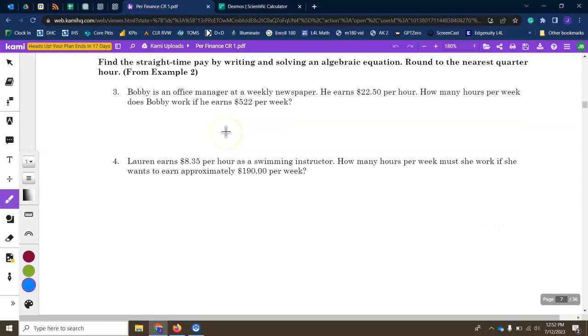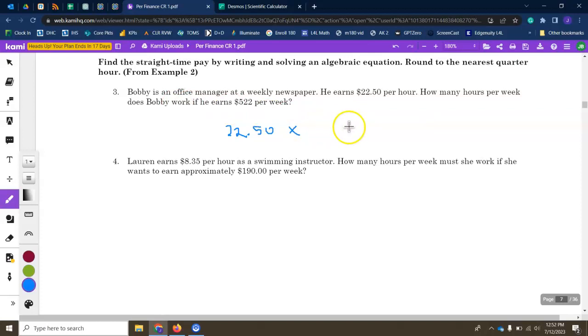Bobby is an office manager at a weekly newspaper. He earns $22.50 per hour. So we definitely need that. We want to know how much somebody makes every hour, and we're going to multiply it by the amount of hours they worked. How many hours per week does Bobby work if he earns $522? Oh, interesting. Kind of a twist.